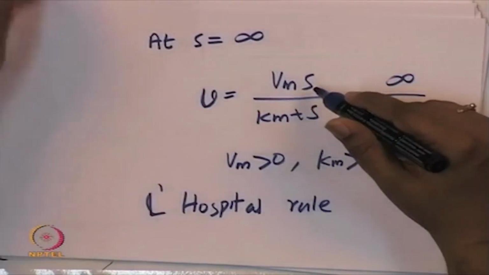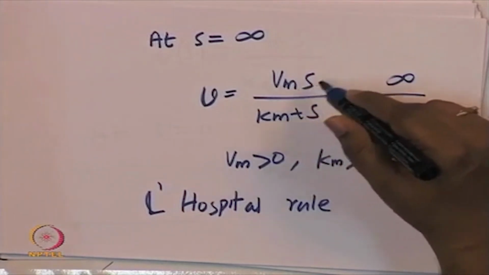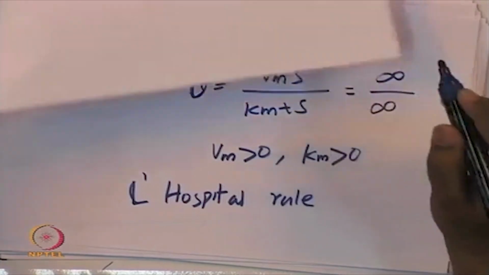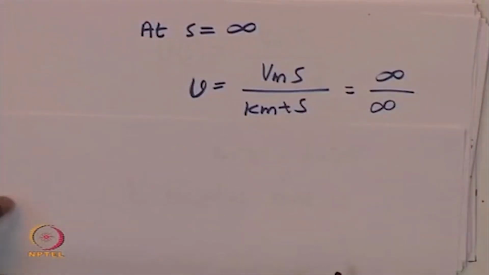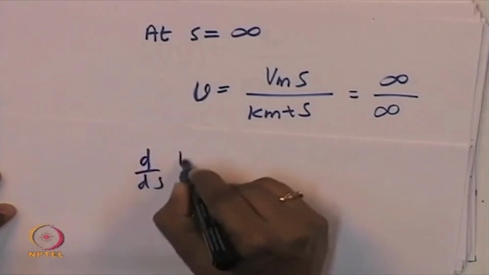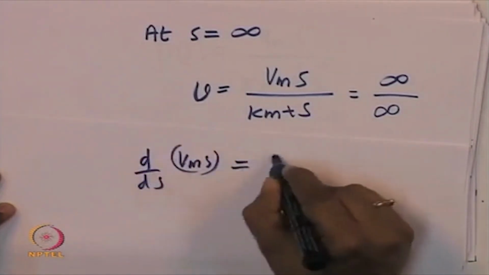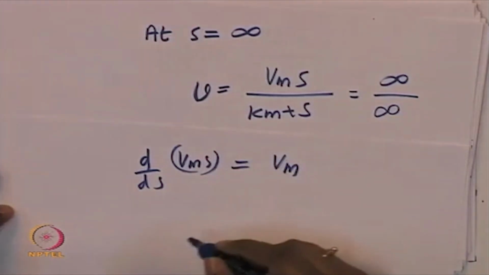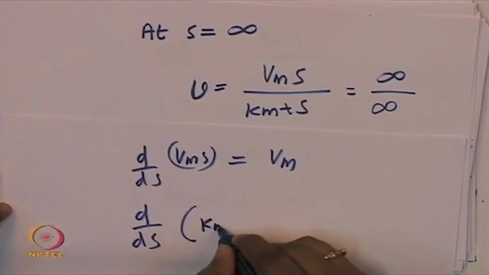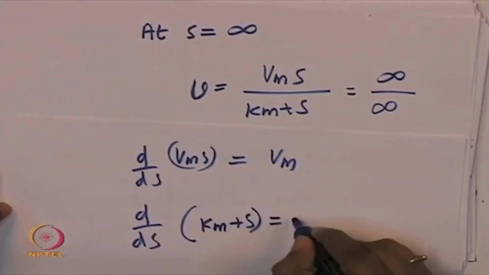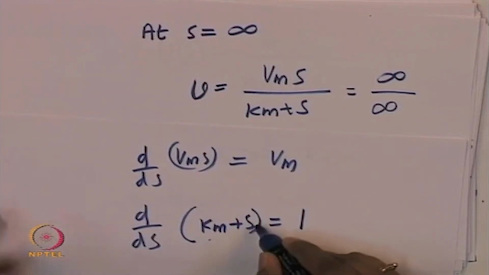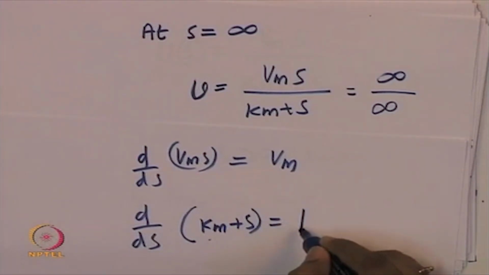The derivative of Vm s with respect to s is just Vm. The derivative of the denominator, Km plus s, is 1, because the derivative of Km is 0 and the derivative of s is 1.